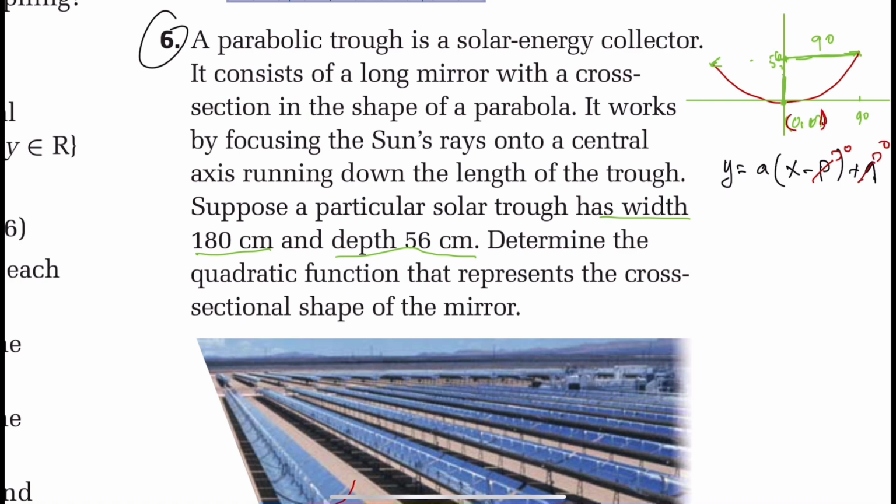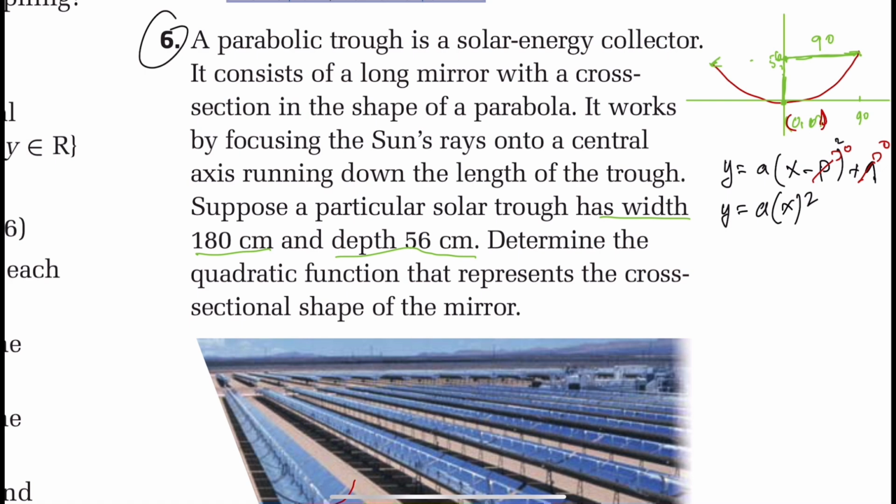This is my choice, I don't need to complicate my life. So my equation can be written as y is equal to a times x squared. Now I need to find my a.